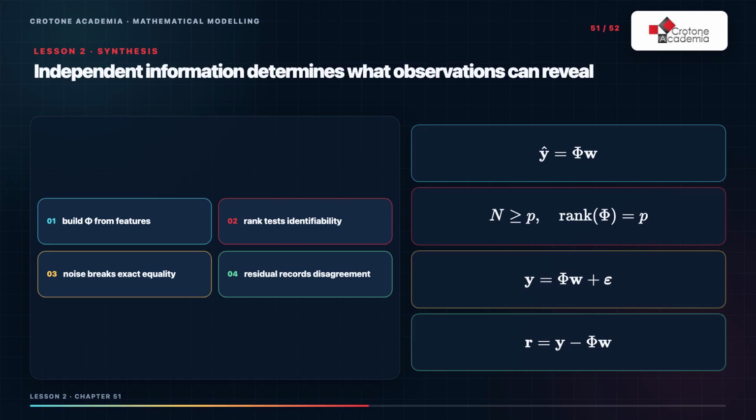With dependent columns, some weights remain inseparable, regardless of row count. Real observations introduce unexplained variation, and a limited model family may add systematic mismatch. Then y equals phi w plus epsilon, exact equations usually conflict, and the residual vector y minus phi w records the disagreement. We have moved from exact algebra to a well-posed question about approximation.